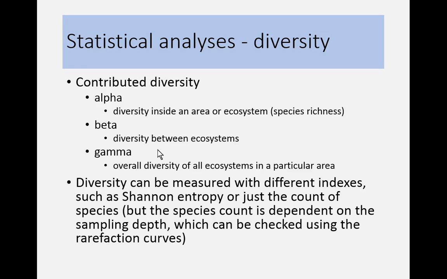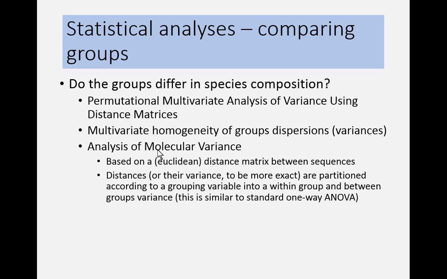I'm not going to talk about that in any more detail, but just to let you know that you can see how the diversity can be partitioned into three different parts. This is pretty often seen in papers. So the tool does that for you too.